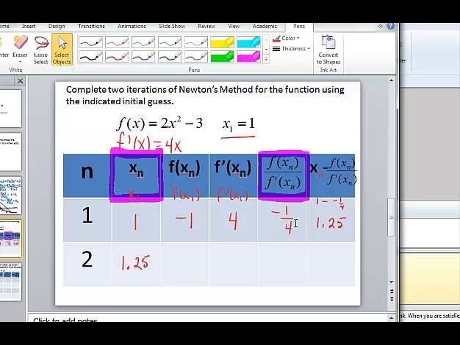So let's go ahead and finish our second iteration. This value means it's closer to that x-intercept, and by finishing this one, we will be even closer to that x-intercept. So we're going to take 1.25 now and plug it in for our f of x, because we're supposed to figure out what f of x sub 2 is now.